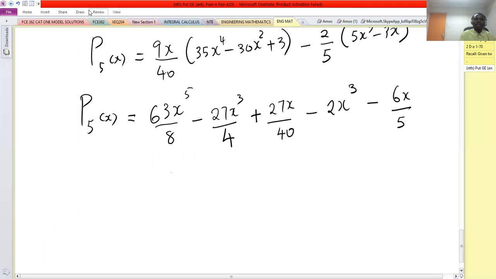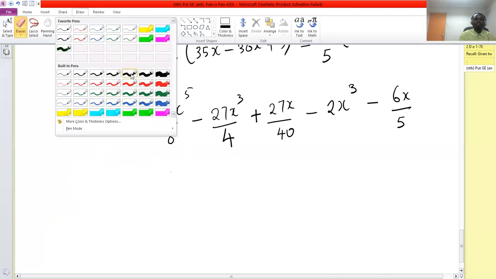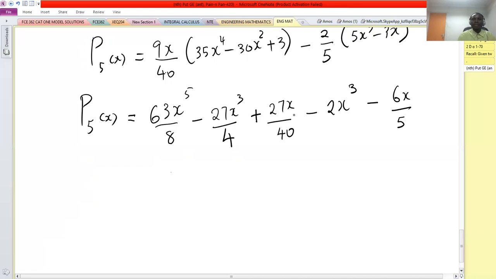Now we can actually express every term to have a denominator 8. So if I say y times 27x over 40 equals to, so what I need to, I need to divide by 5 so that I have 75 over 40.